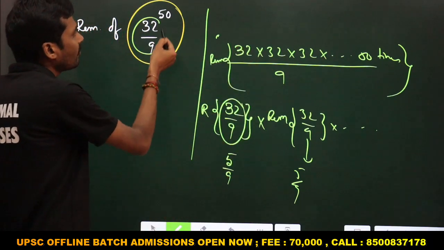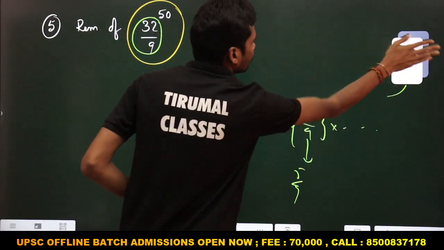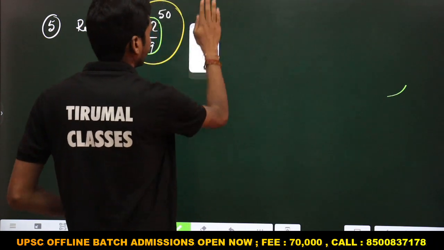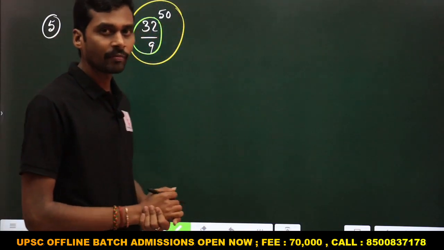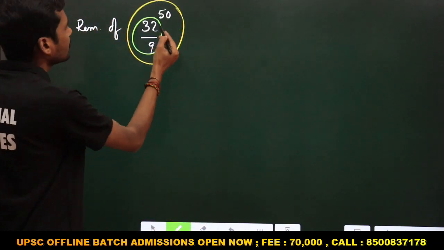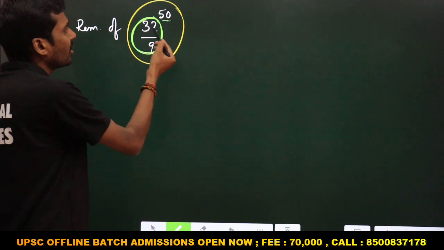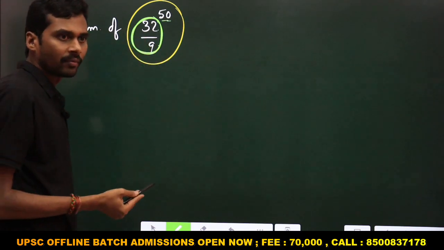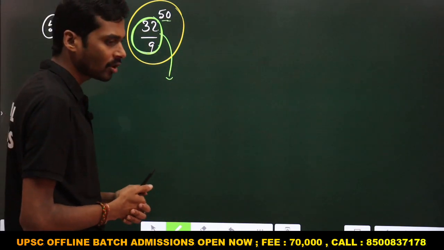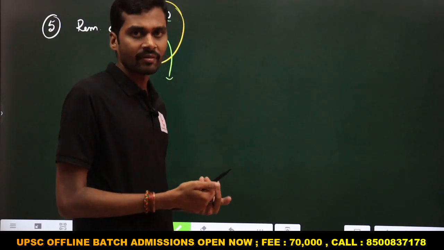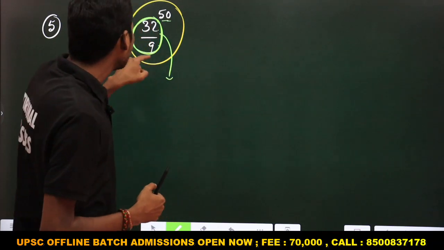So the same thing, can I say it simply without writing all these steps? First, you just forget about the power. First you take this one. If you are dividing a larger number with a smaller number, first you simply take the remainder of this number. 32 by 9 means 9 3s are 27.